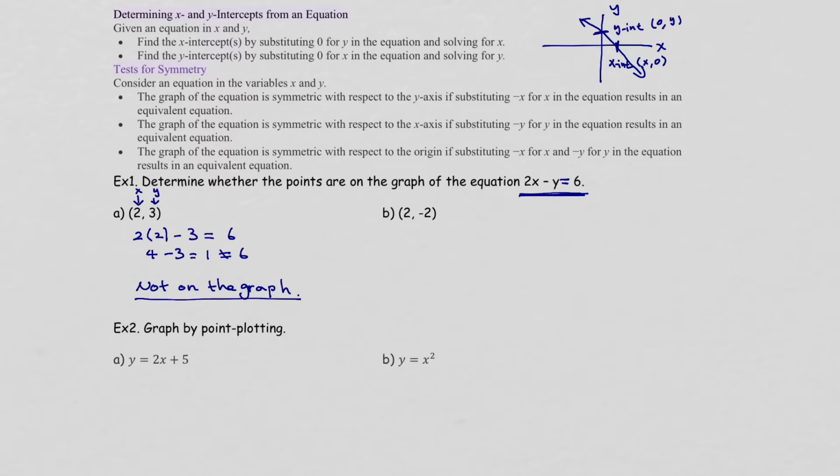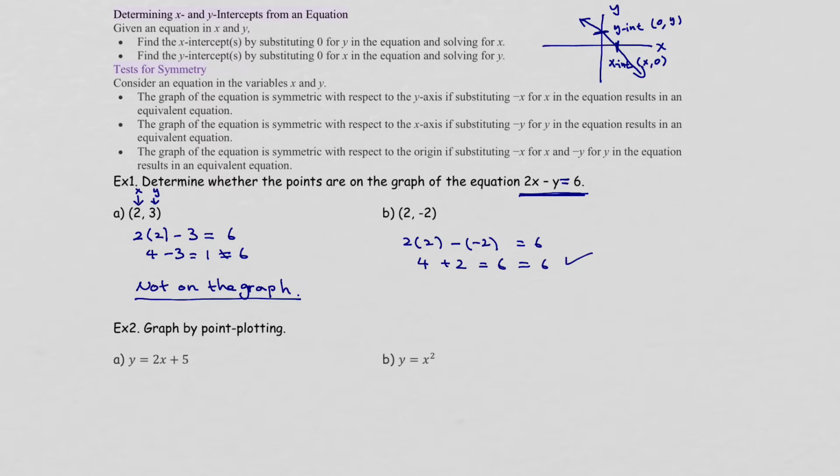What about the second point? Your x will be 2. Your y will be negative 2. Let's see if this is going to give you 6. That will be 4 plus 2, which is 6. That's equal to 6.